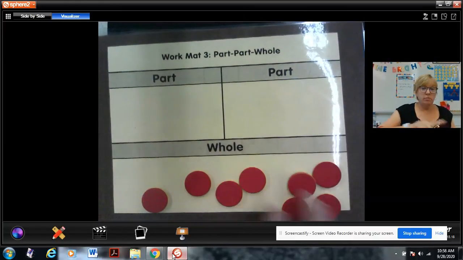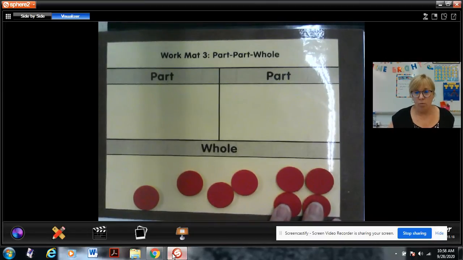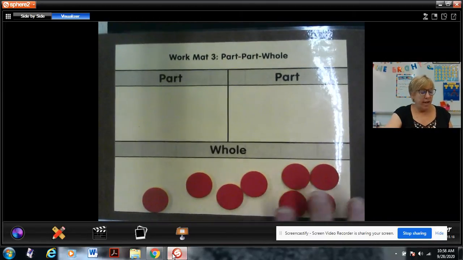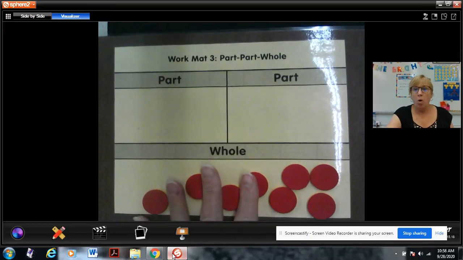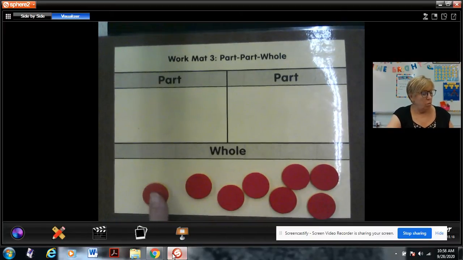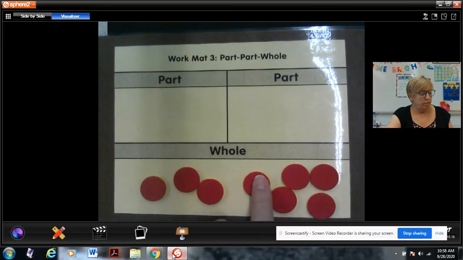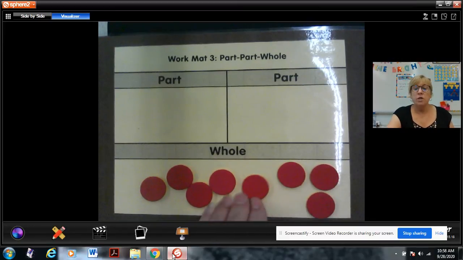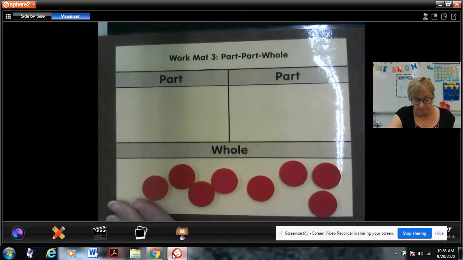Let me just remember, I always like to count and double check to make sure I have the correct number, because if I have the wrong number here, all of my answers are going to be wrong. 1, 2, 3, 4, 5, 6, 7, 8. Okay, so now I know I have 8.